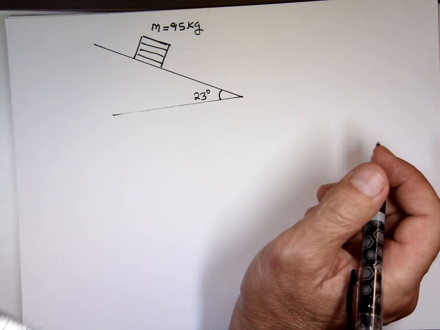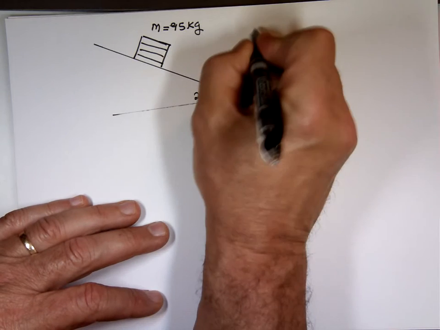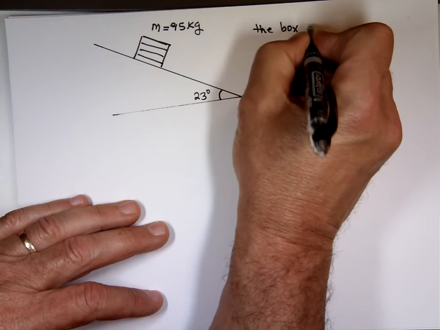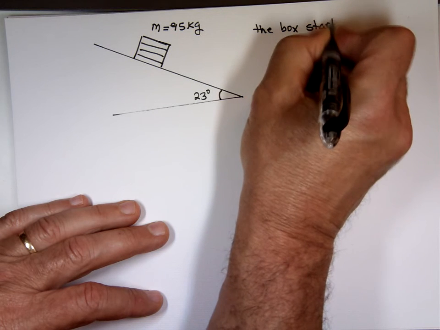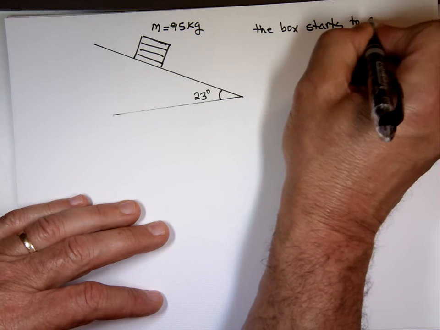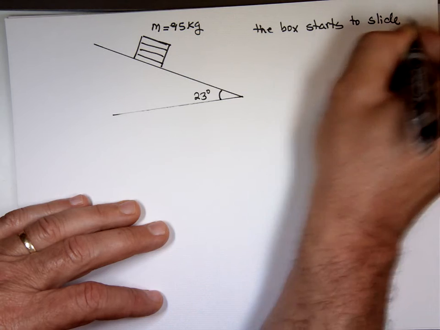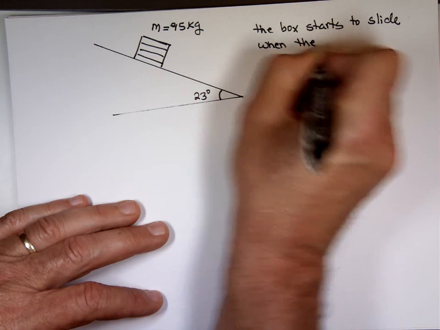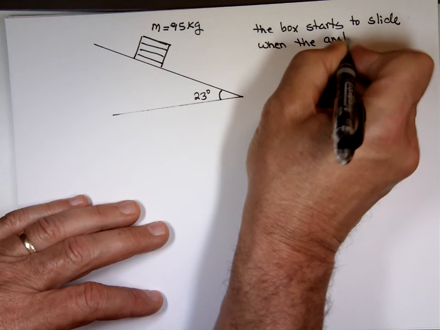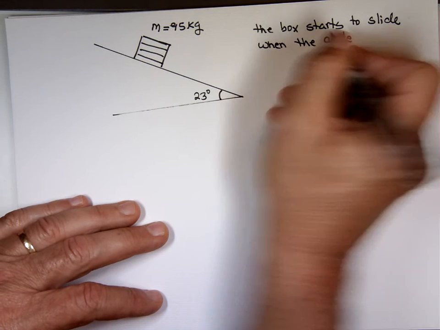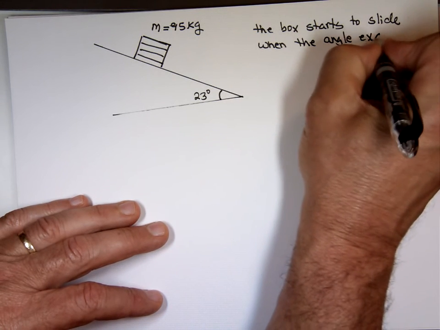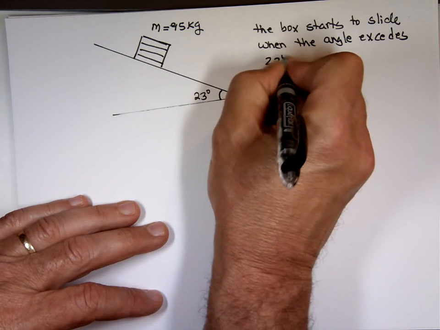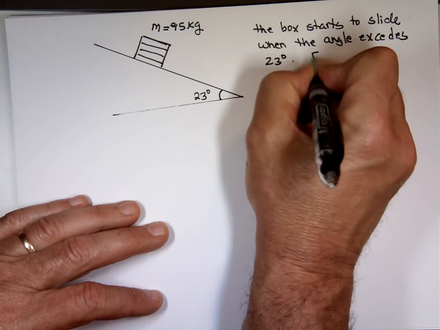The box starts to slide when the angle exceeds 23 degrees. Can you find mu s?